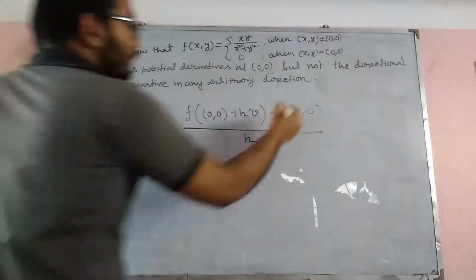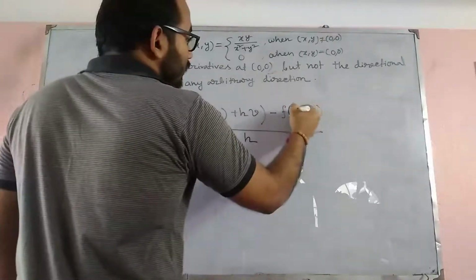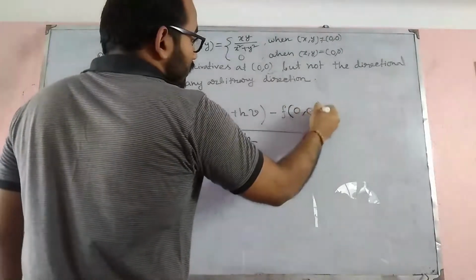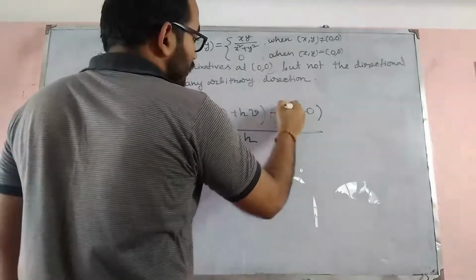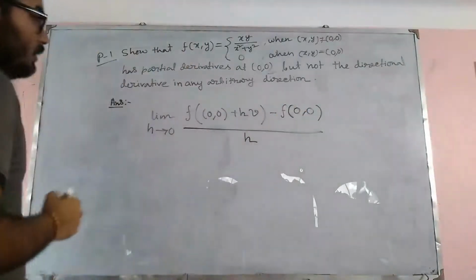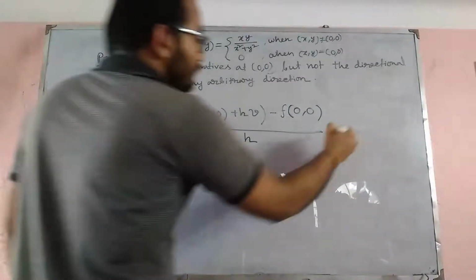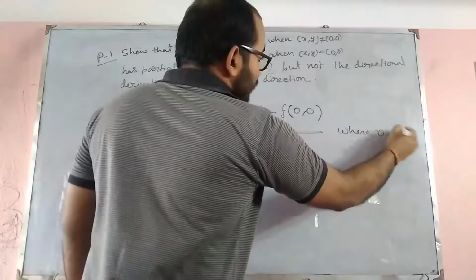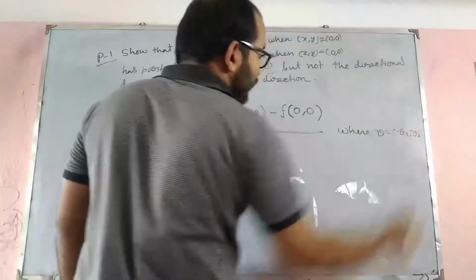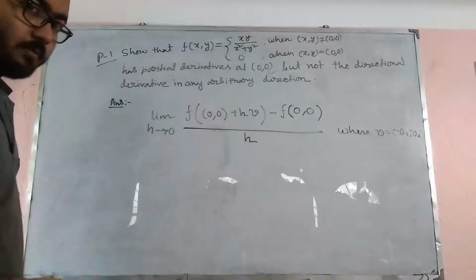Okay, where v is equal to the ordered pair b1 b2 and this is arbitrary.